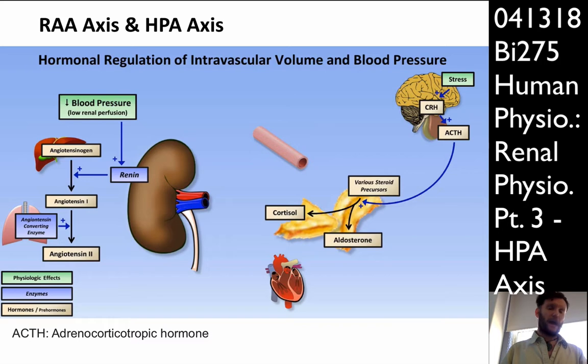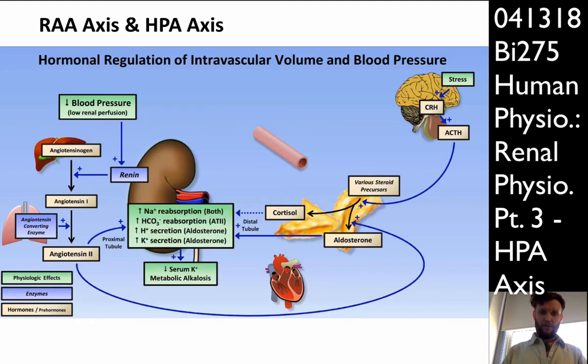ACTH is going to cause the production of these steroid precursors in the suprarenal cortex. All right, so that gives us some cortisol. That's going to have some effects, and the aldosterone. So now let's start getting some actual physiological effects.